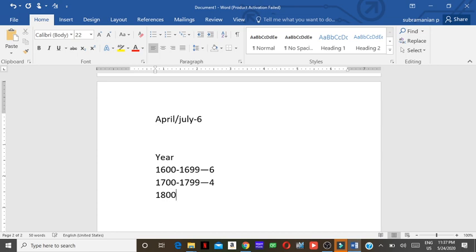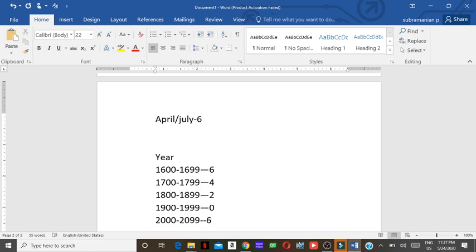Then 1800 to 1899 is represented as 2, and then 1900 to 1999 is represented as 0, and then 2000 to 2099 is represented as 6.